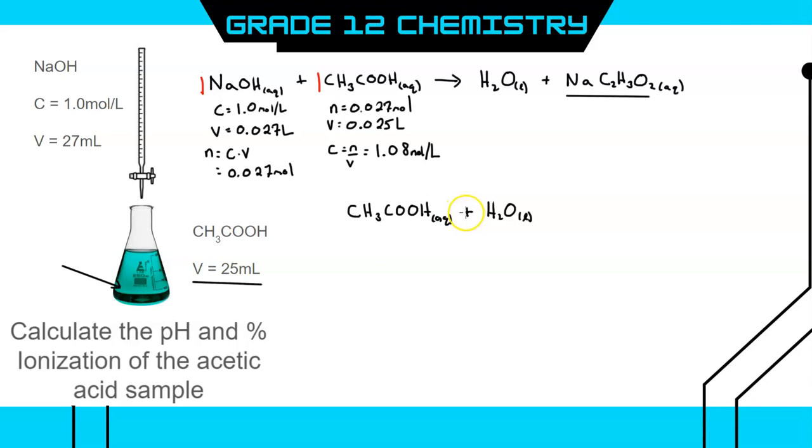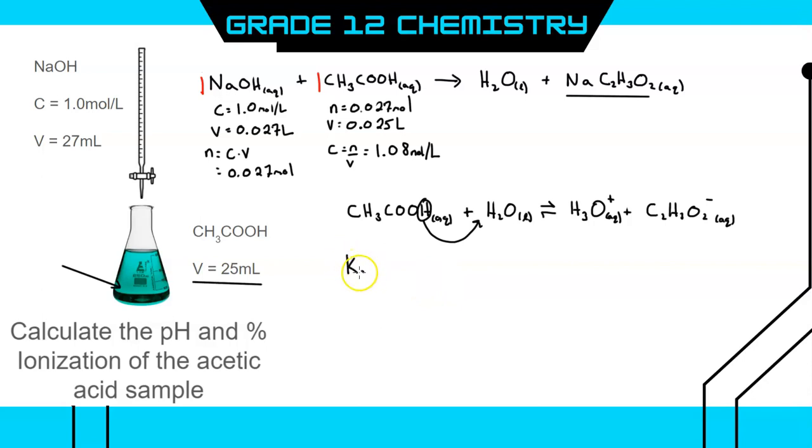And now this does not go to completion because it's a weak acid, so it's going to be in equilibrium. Right, so we're going to take one of these hydrogens and give it to water, so we're going to have hydronium plus our acetate.